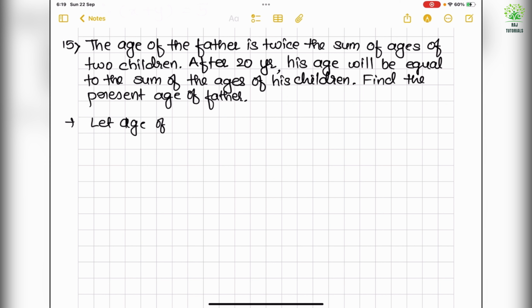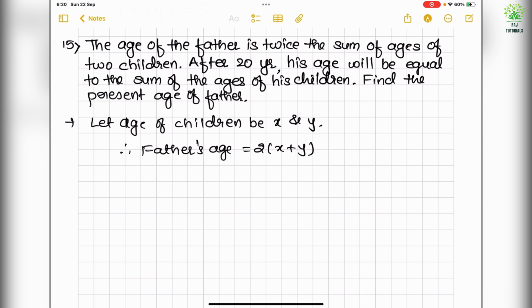So, let the age of children be x and y. Therefore, father's age is 2 into x plus y because it is given, it is twice.